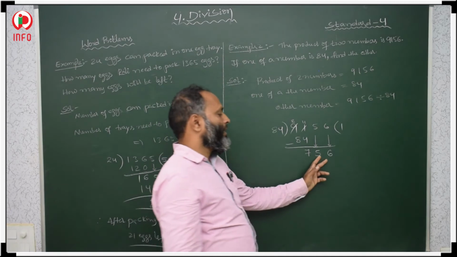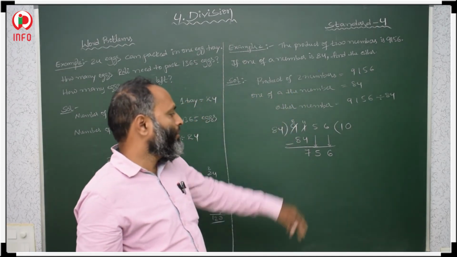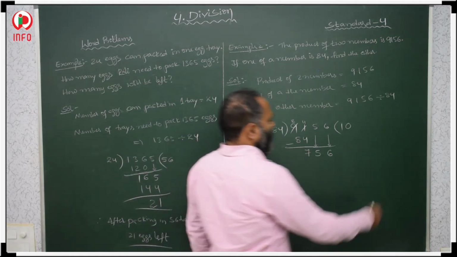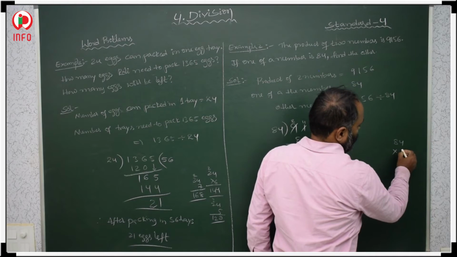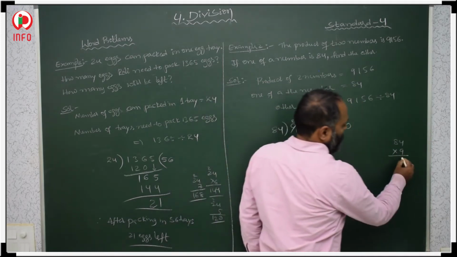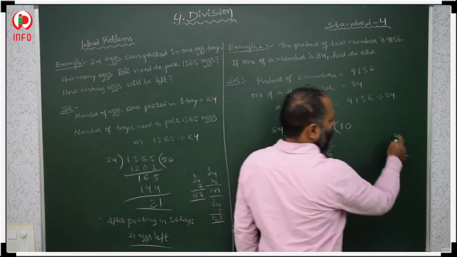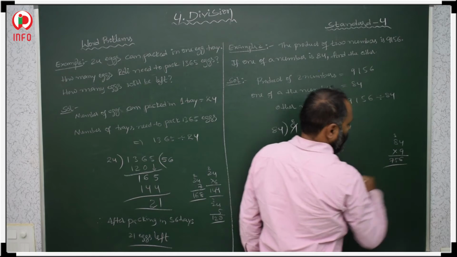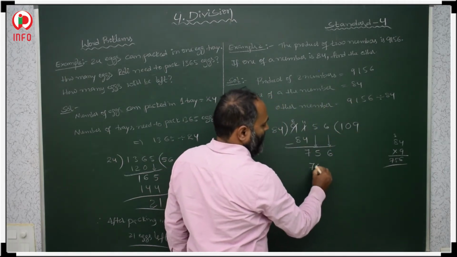So two numbers we are taking at a time, so we have to keep 0 here. Then in the 84 table, when will we get 756? Check 9s: 9 4s are 36, 9 8s are 72 and 3, 75. 84 9s are 756.